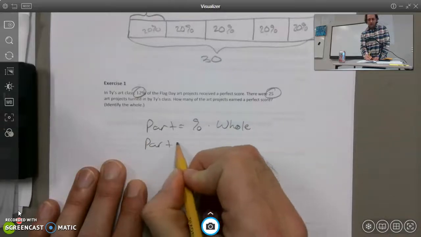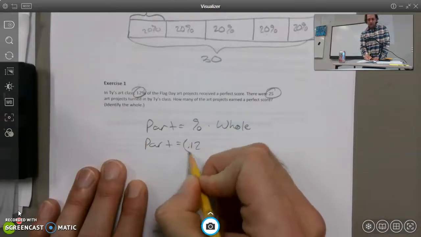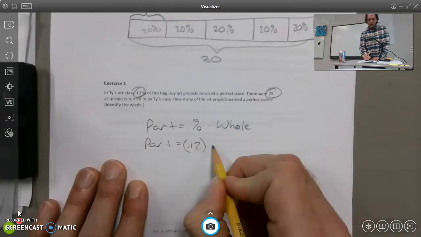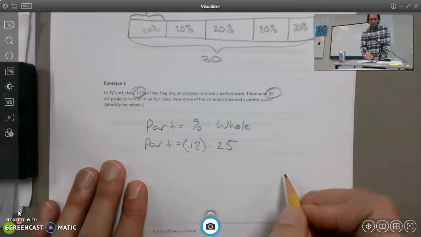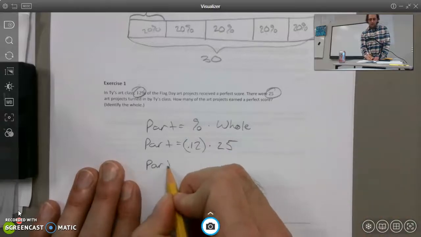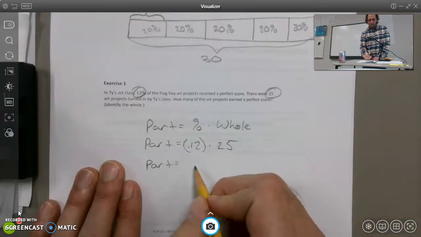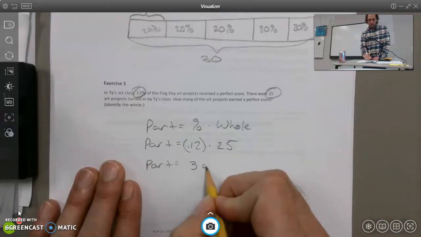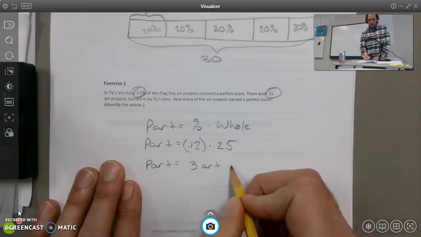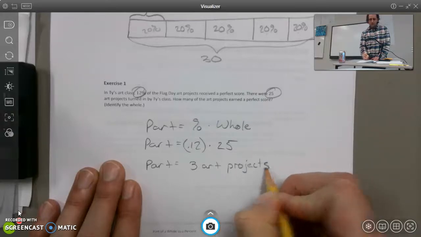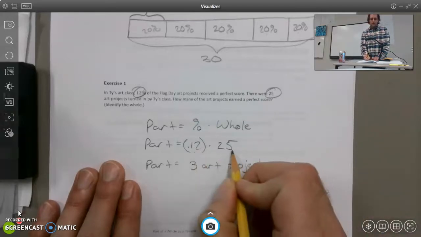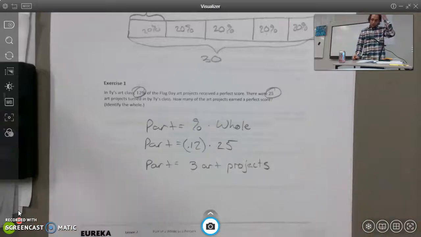Part equals 12%, which is 12 hundredths, times the whole of 25. And the part that received a perfect score was 3 art projects. Twelve hundredths times 25 is 3.